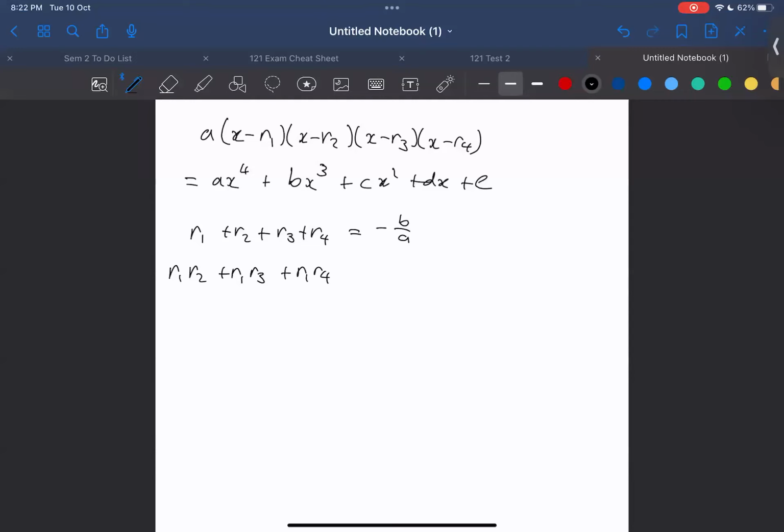Then you take them two at a time, and there should be six terms in total here, because that is 4 choose 2. That's c over a, so you move on to the next coefficient divided by a and switch the sign.